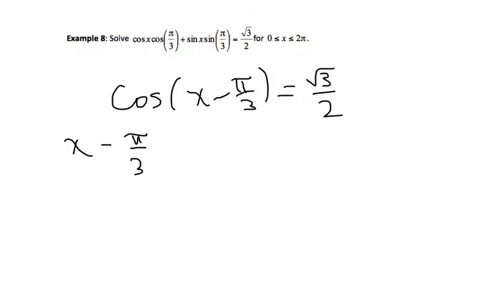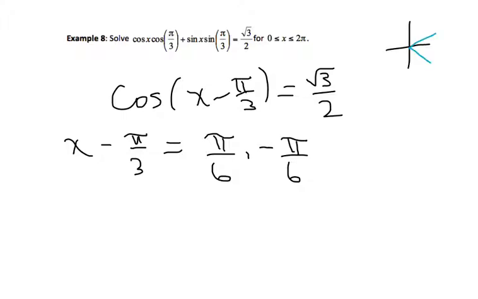The cosine is root 3 over 2 at 30 degrees, which is the same as pi over 6. It's also true at negative pi over 6 because it's cosine, so that's in our quadrants 1 and 4.